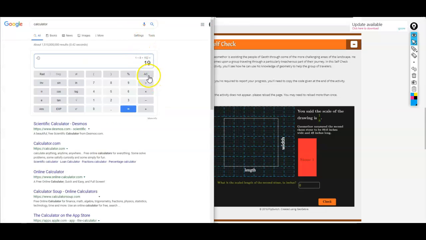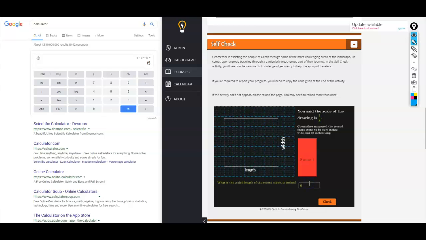So our scale is 1/8 times the actual measurement. The length of this is going to be 48. So this is 6. So the scaled length of the second stone is 6 inches.